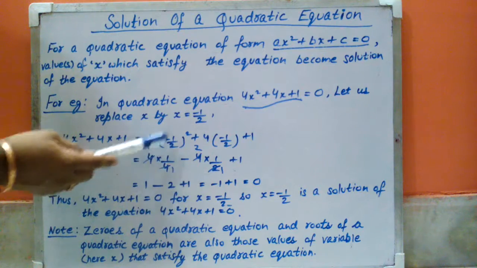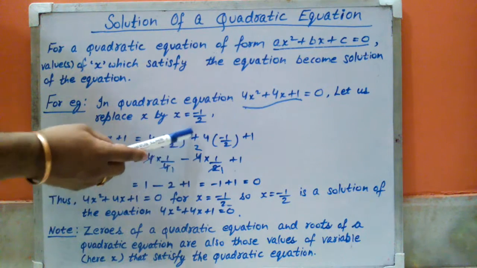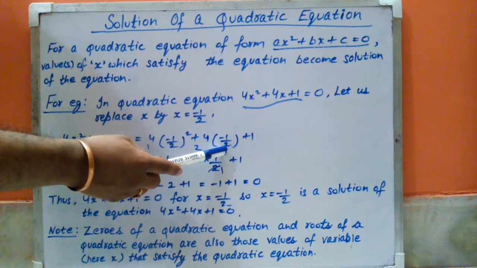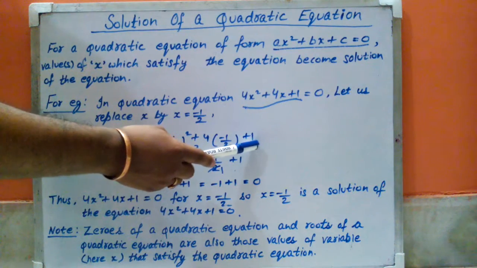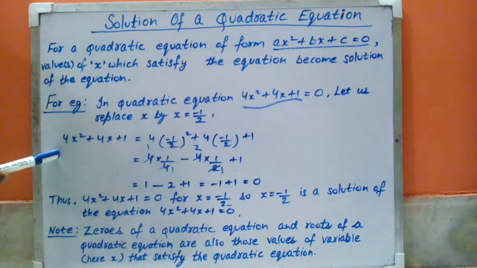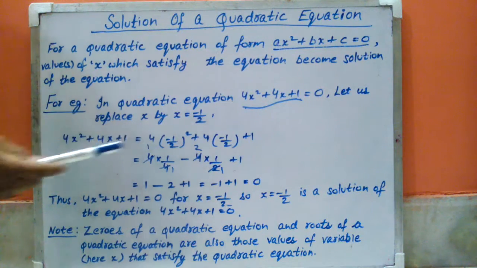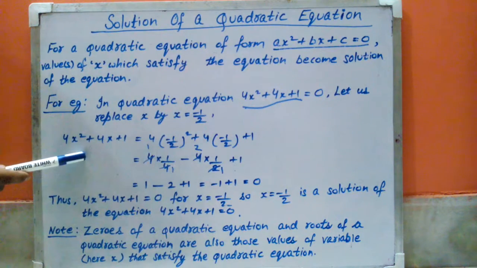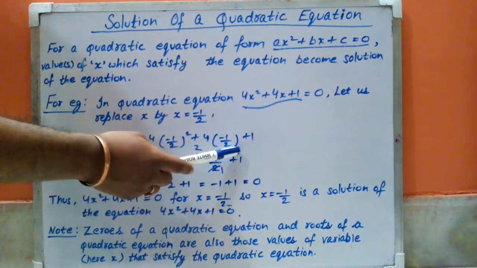I got 4 bracket minus 1 upon 2 square plus 4 bracket minus 1 upon 2 plus 1. Here x has been replaced by minus 1 upon 2 on left hand side. This is left hand side, I have copied it here and replaced the value of x.